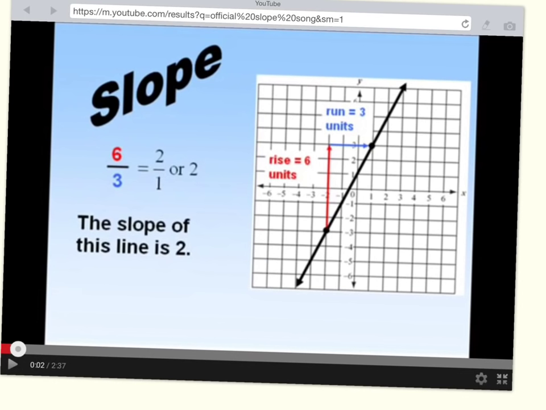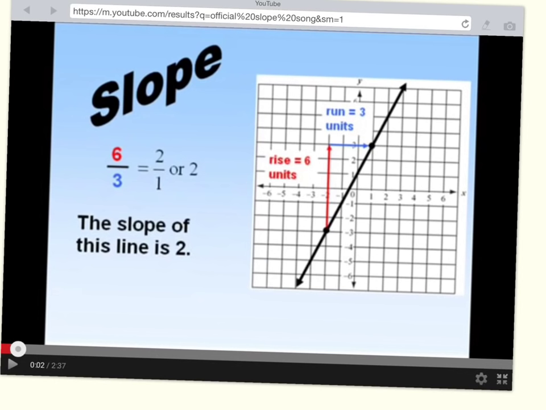Slope, it's the rise over the run. Distance up or down, divided by the distance side to side. Slope, it's the rise over the run. Distance up or down, divided by the distance side to side.